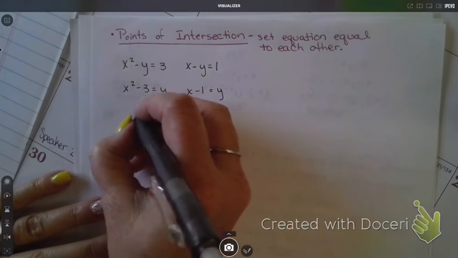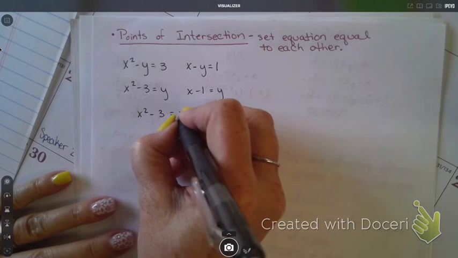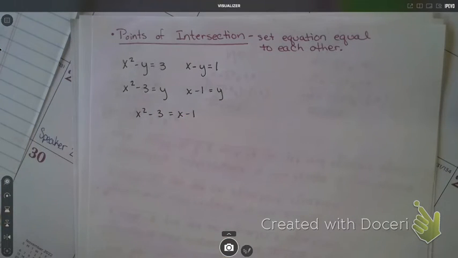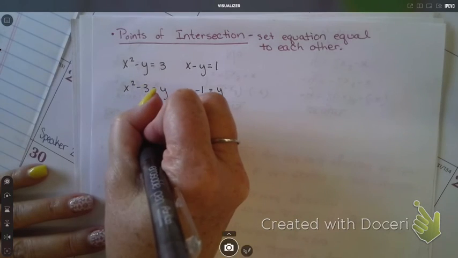So now x squared minus 3 equals x minus 1, because if they both equal y, they have to equal each other. You guys are going, so I'm just going to go without talking.